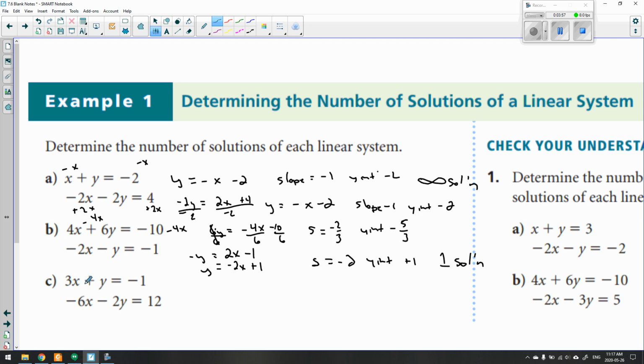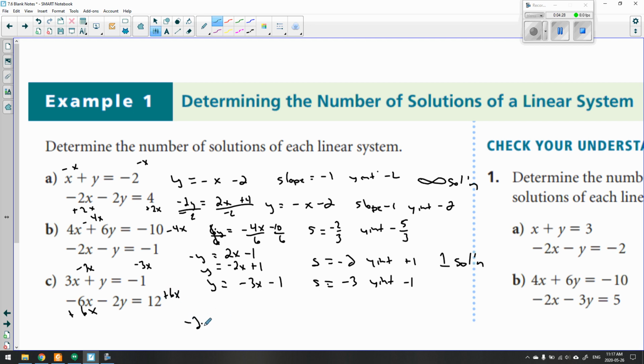And last but not least, let's look at this one here. We're going to subtract 3x from both sides. So we get y is equal to minus 3x minus 1. Slope is negative 3. Y-intercept is negative 1. Over here, we're going to add 6x to both sides.